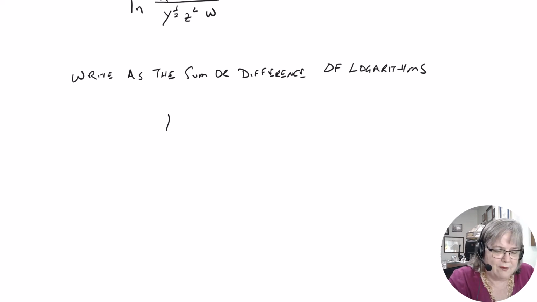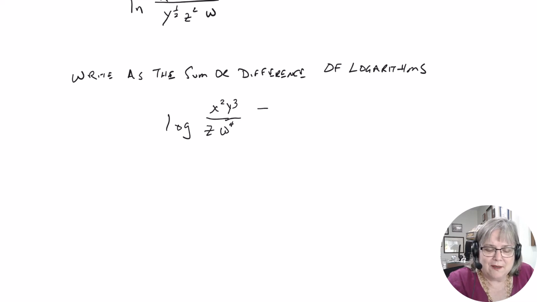So if we have the log of x squared y cubed over z w to the 4th, these two are multiplied on the top, so they are going to be positives, and these are divided out, so these are going to be negatives.